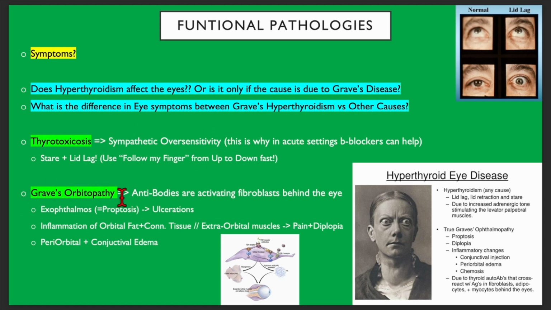In Graves' orbitopathy, we said that the antibody is activating the fibroblast. Then what happens with the eye? Behind it, it builds up a kind of myxedema, so it's pushing everything forward. You have exophthalmos, another word for it is proptosis, and this can cause ulcerations on the eye.